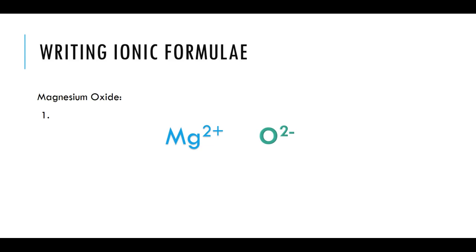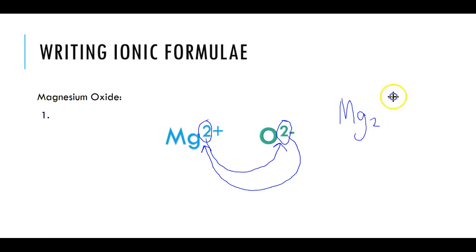Now, if we adopt the crossover method, we are just grabbing the numbers, not the negative or the positive, and we bring the 2 all the way as a subscript beside the oxygen. Much like this 2, we bring it all the way as a subscript beside the magnesium. So your formula, which is not finished yet, is Mg2O2. This is saying that for every 2 magnesiums we need 2 oxygens.